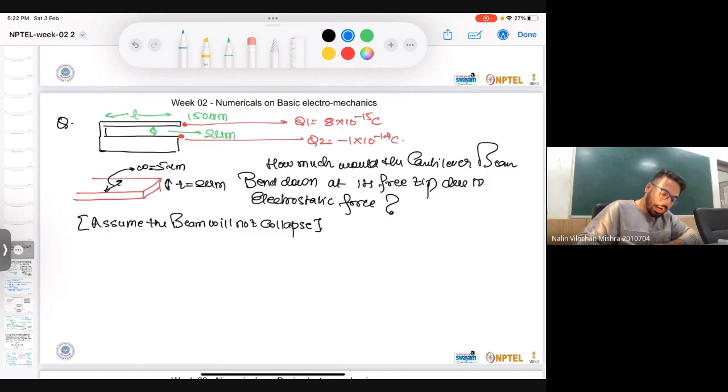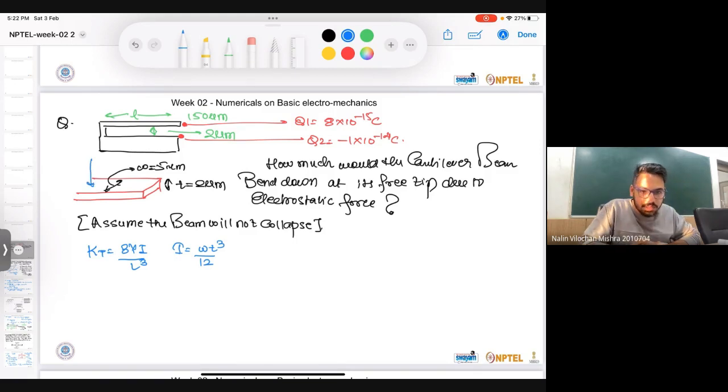So we know that for a free beam, not for a fixed guided beam, the coefficient is 3EI by L cubed, where I is the moment of inertia, W T cubed by 12, as the force is perpendicular to the width.